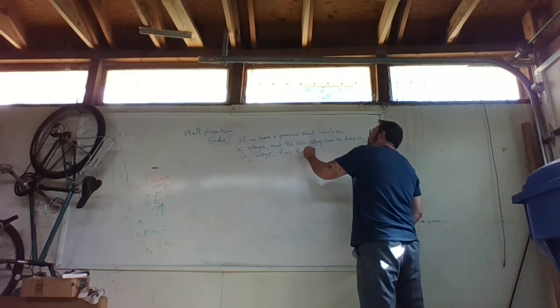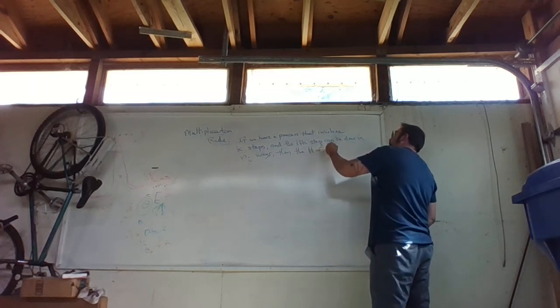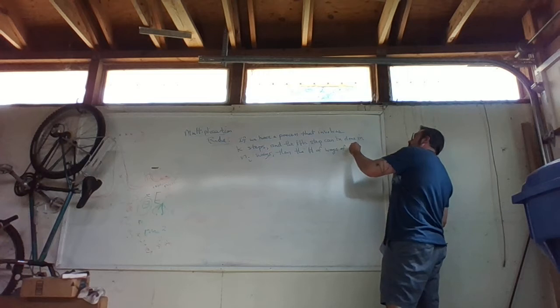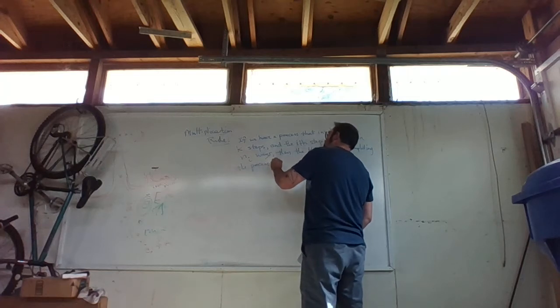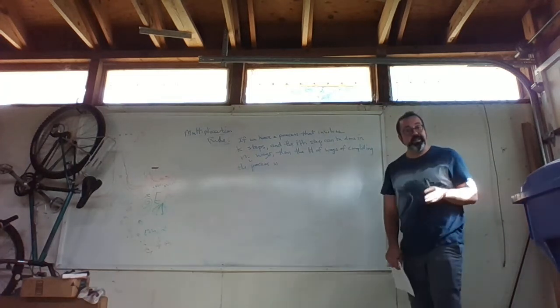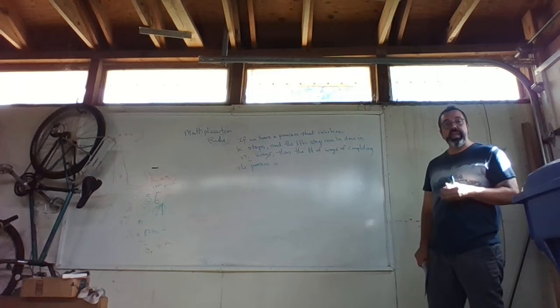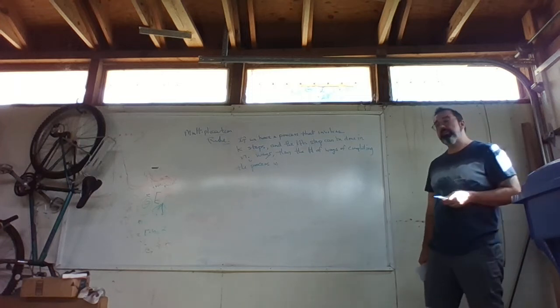Then the number of ways of completing the process is, well, it's going to take k steps, and each step is going to give us a certain number of outcomes.